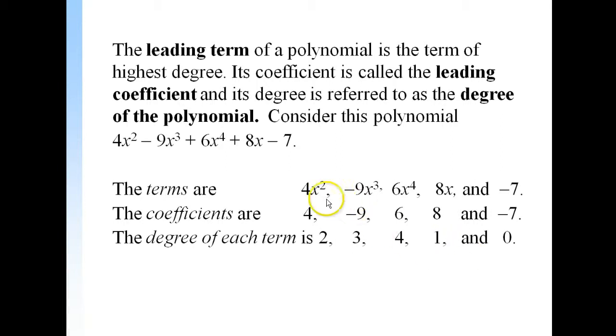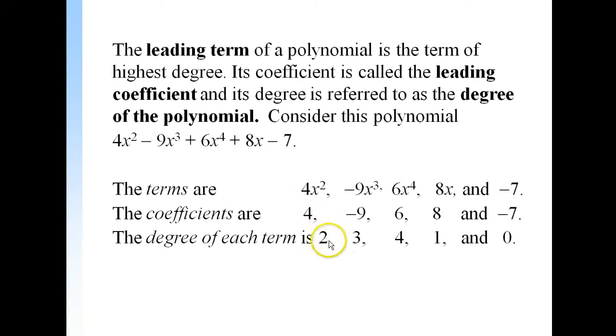And as we list the degree, it's the power that is on the variable. And if there's more than one variable in a term, we just add all the exponents within that term.